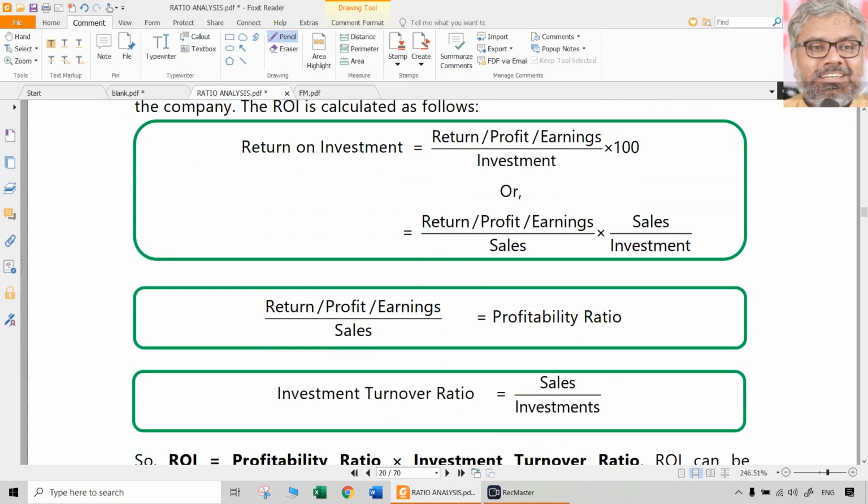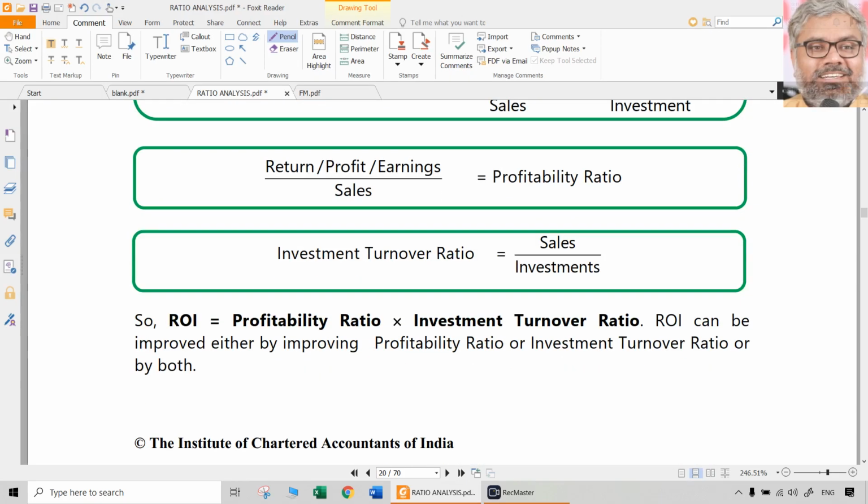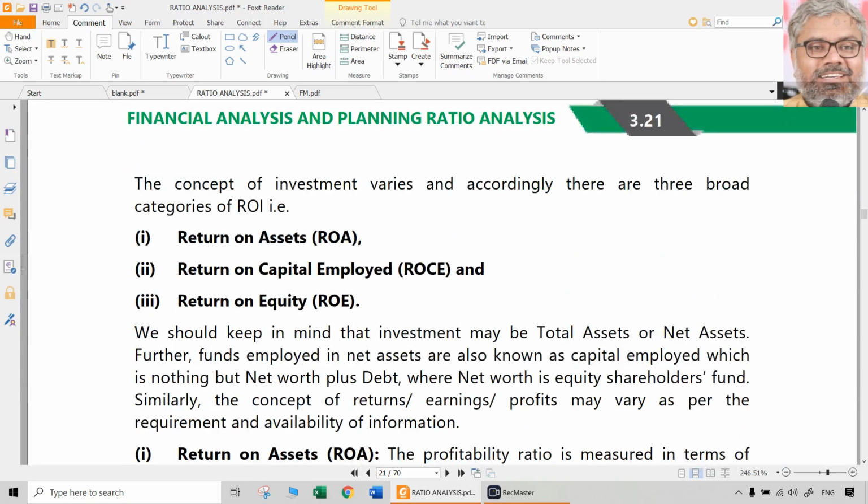What is the essence? Return, or profit, or you can call it earnings, divided by investment. Easy to say that. Return on investment means return, or earnings, divided by investment, into 100. But what is this return? That is a very important point to be understood.